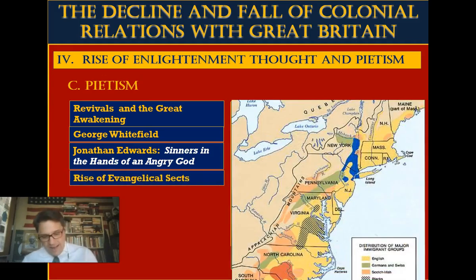And the Great Awakening had an important influence on colonists. First, it led to a lot of evangelical churches being founded across the country. And second, and perhaps just as importantly, it introduced people to the concept that individuals could shape their own fates by turning away from evil and embracing God.